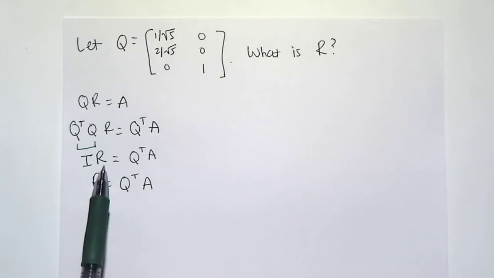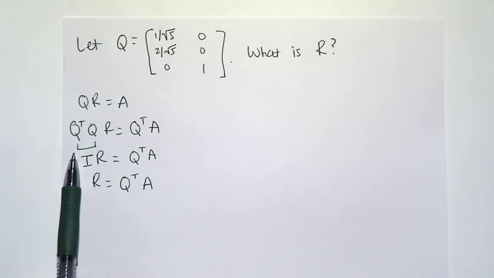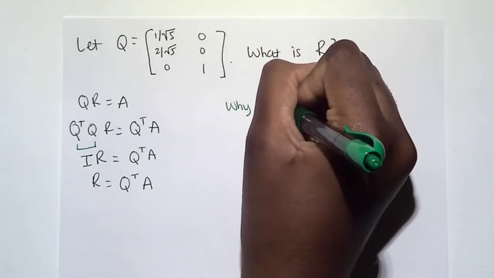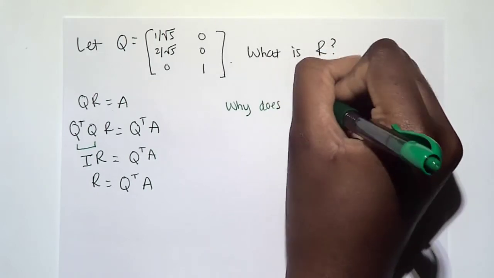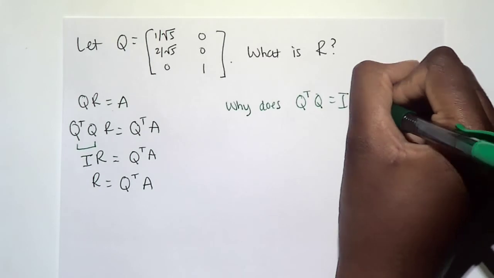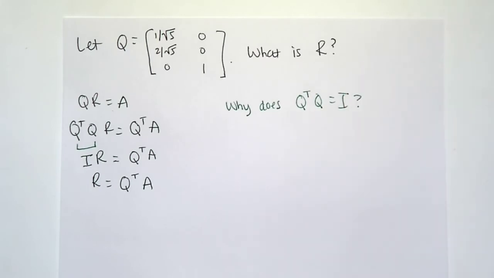But let's answer this weird question here. Why did this work when this usually does not work and give us the identity? So why does Q transpose Q equal I in this case? The answer to this question is because the columns are orthonormal.